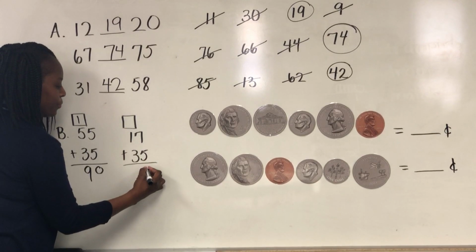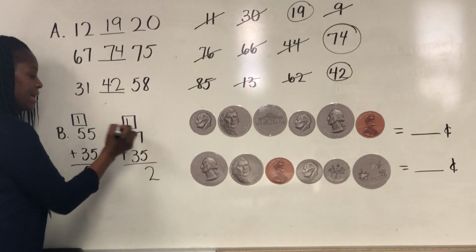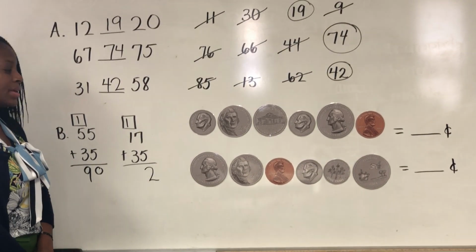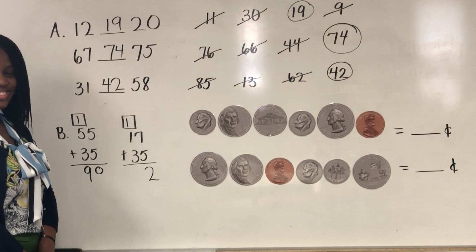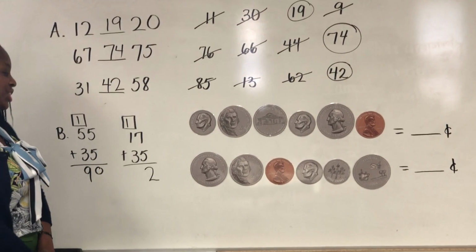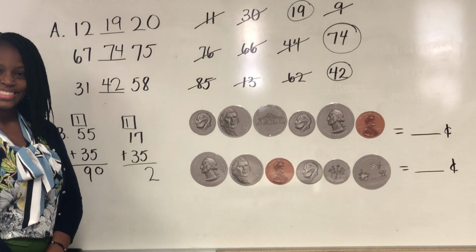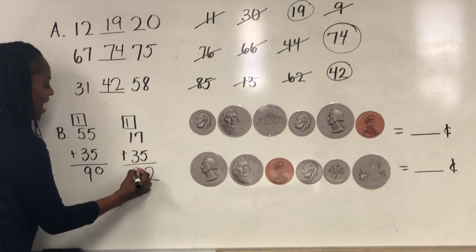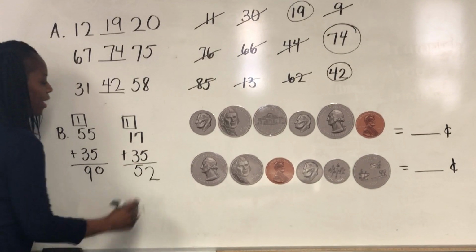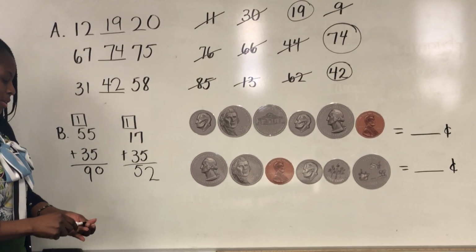You put the 2 in the ones place, and you place the 1 in the tens place. Now, boys and girls, what's 1 plus 1? 1 plus 1 is 2. And what's 2 plus 3? 2 plus 3 is 5. So therefore, 17 plus 35 equals 52.